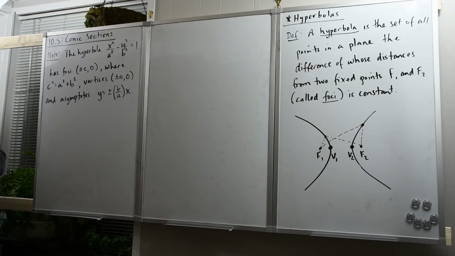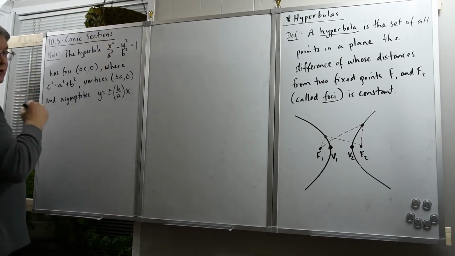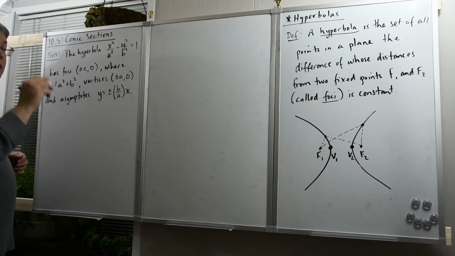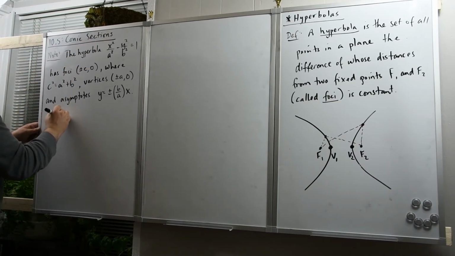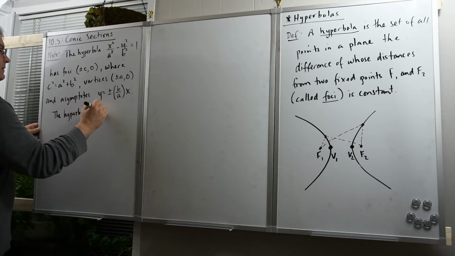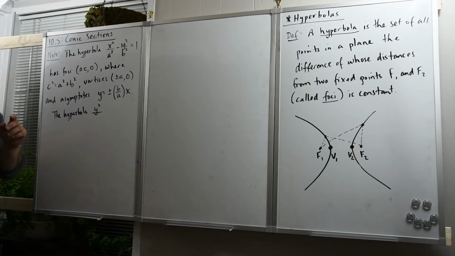Now, let's suppose that instead of the x squared over a squared having a positive associated with it, maybe it's the y squared over b squared that has the positive associated with it. So we'll look at the hyperbola. And so this time, once again, the y squared is going to be positive.